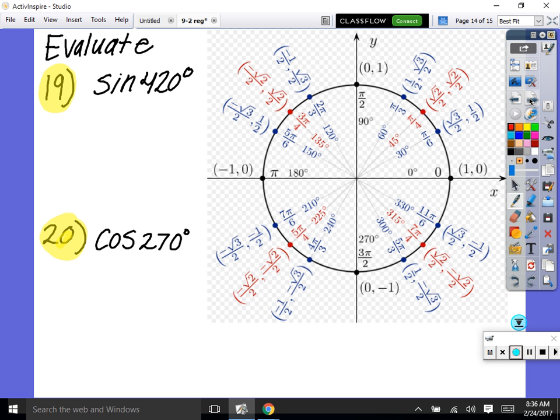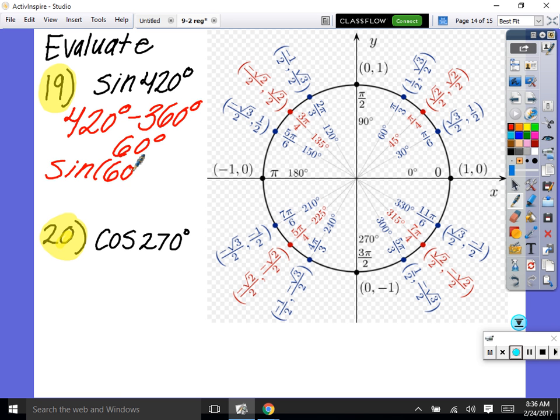So instead of evaluating sine of 420 degrees, let's find the coterminal angle because it's not in the same spot, everybody. So 420 degrees minus 360 degrees. It's 60 degrees. So we're actually evaluating what's the sine of 60 degrees.